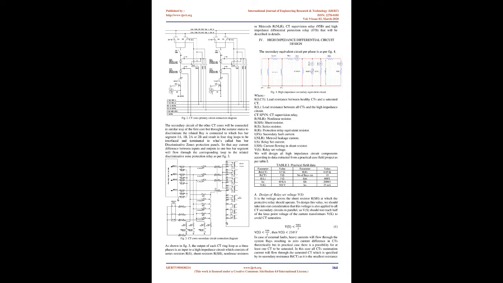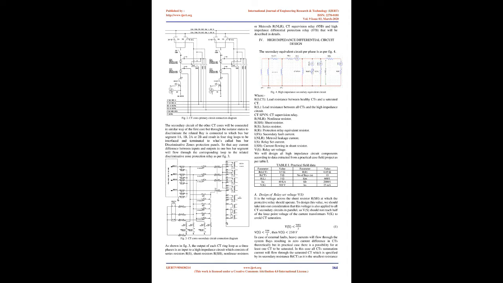The secondary circuit of the other CT cores will be connected in a similar way to the first core, but through the isolator status to discriminate which busbar segment the related bay is connected to, 1A, 1B, 2A or 2B, and result in 4 ring loops to be interfaced and terminated to what's called busbar discriminative zones protection panels.